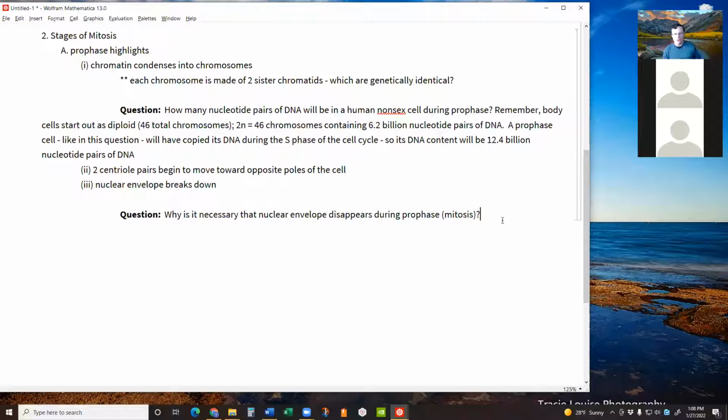So this is necessary to enable the centrioles, which are positioned outside the nucleus, to attach spindle fibers to the chromosomes. It's really that simple. If the envelope doesn't disappear, then there's no way you're going to hook up the spindle fibers. It's simply going to be a barrier.